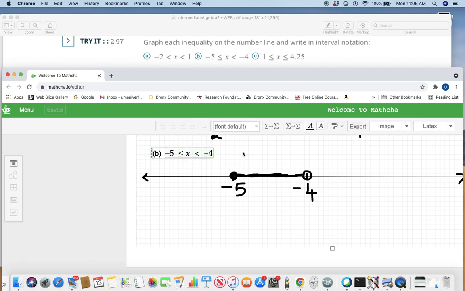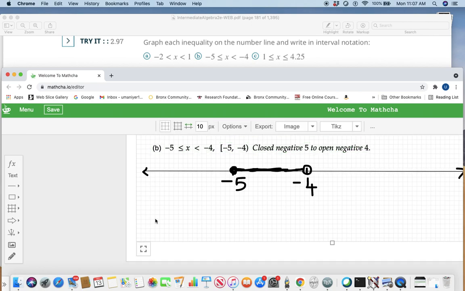When it's a filled in point, you have a bracket, -5. When you have an open point, it's parentheses. So bracket for closed, parentheses for open. The way you read it is closed -5 to open -4.